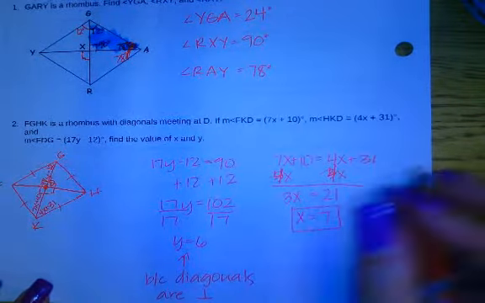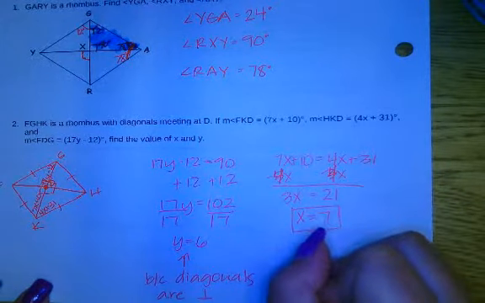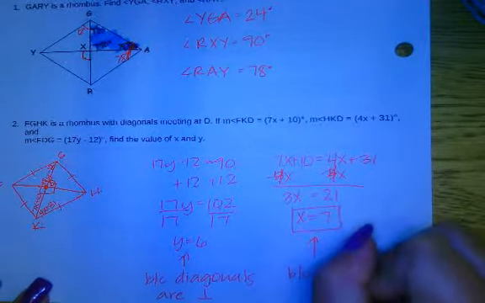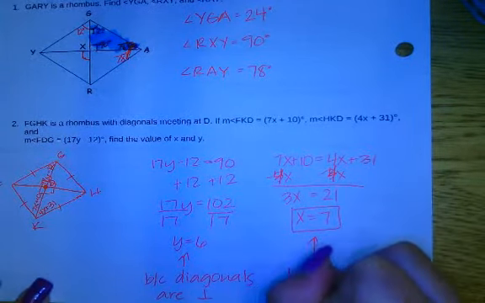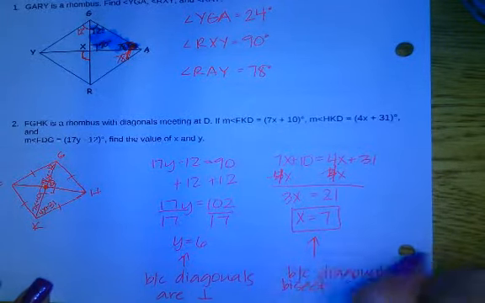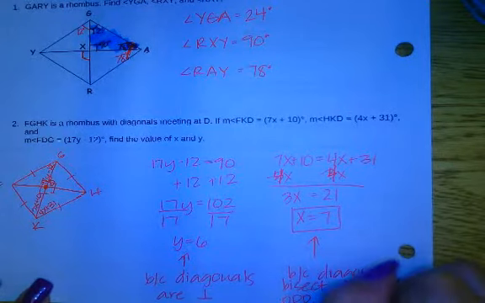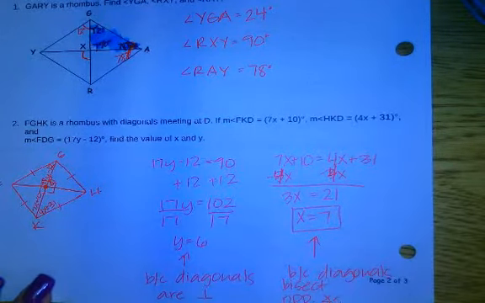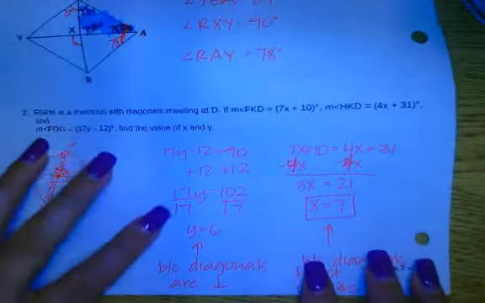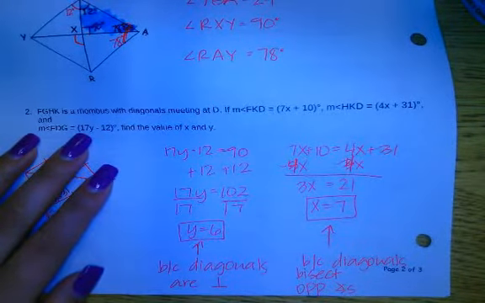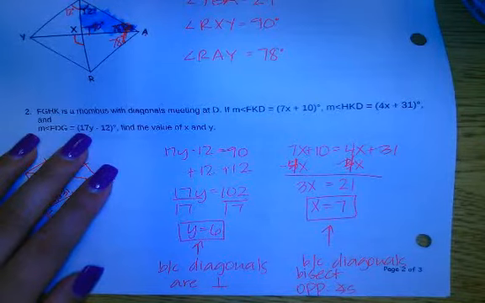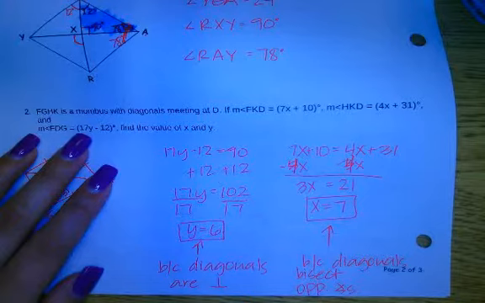And this is because diagonals bisect opposite angles. Questions on number 2? No? Okay, thanks.